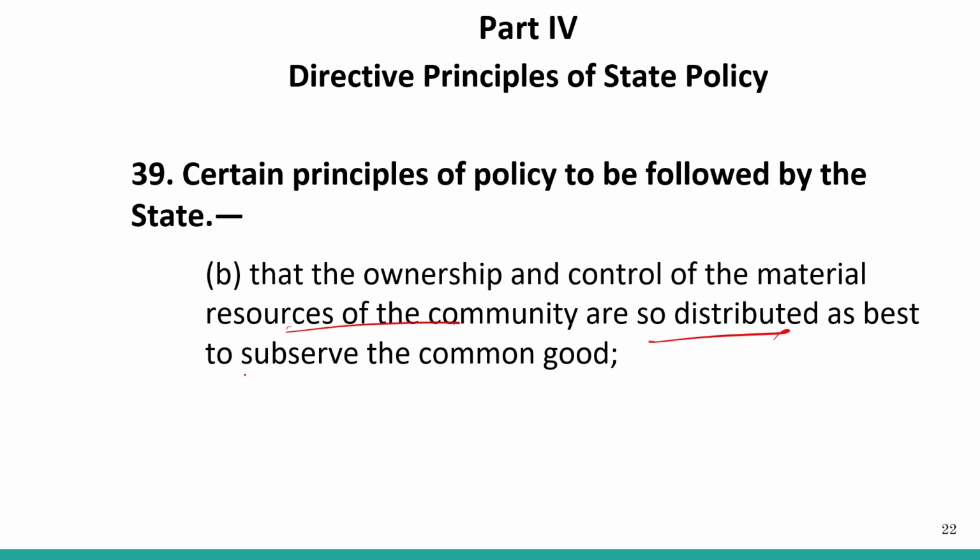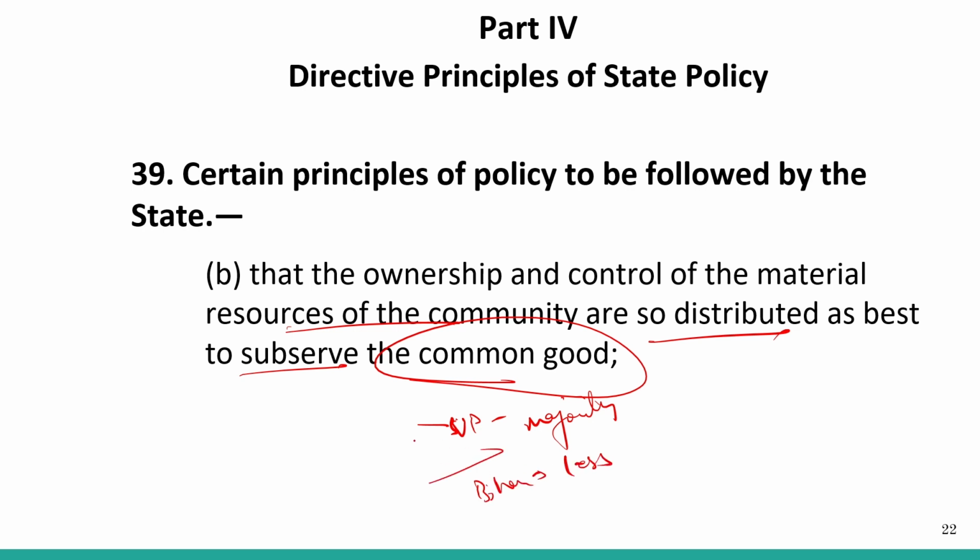So it should not be like a state, Uttar Pradesh, is getting the majority of resources and Bihar has less resources. I'm just giving you a citing example. It is not true to the best of my knowledge, but just to make you acquainted with this particular thing, that ownership and control of the material resources should be equally distributed.